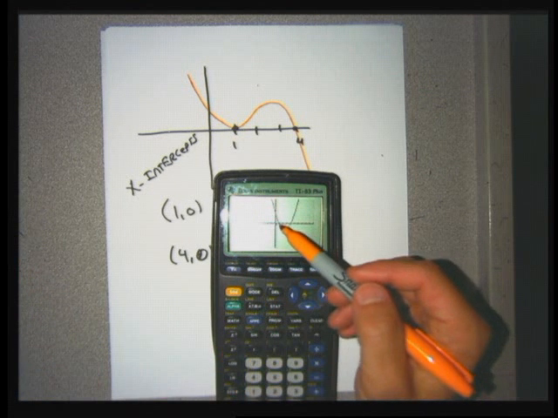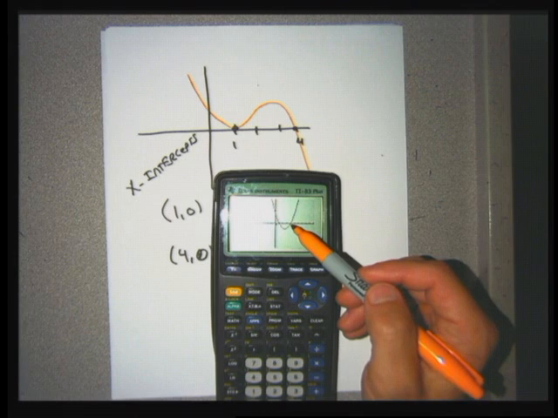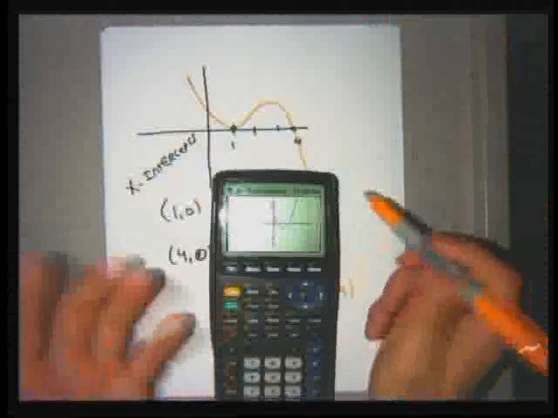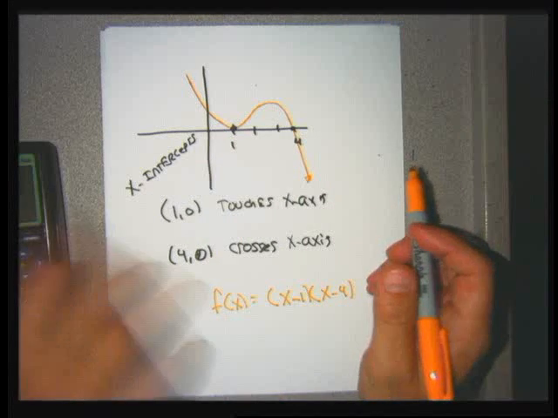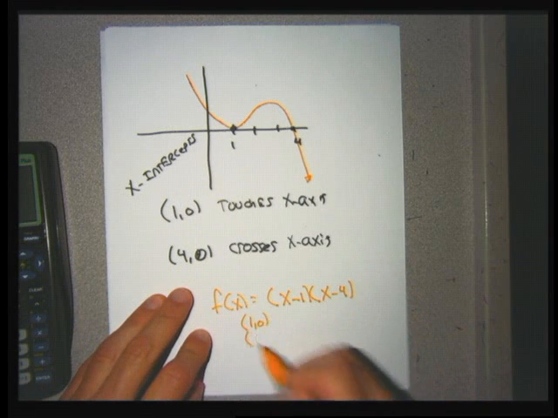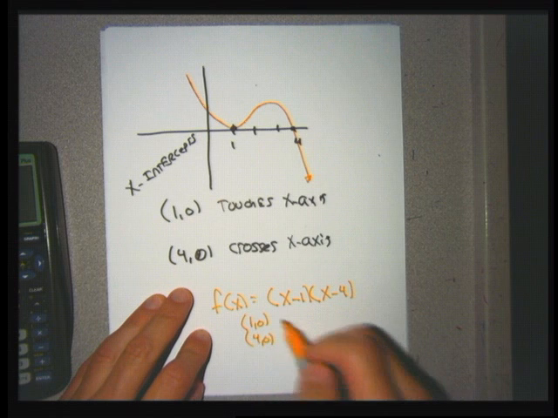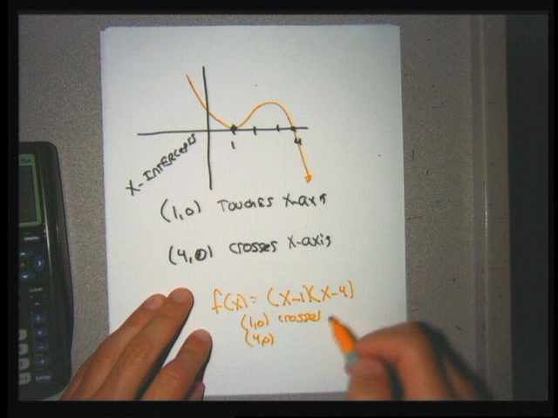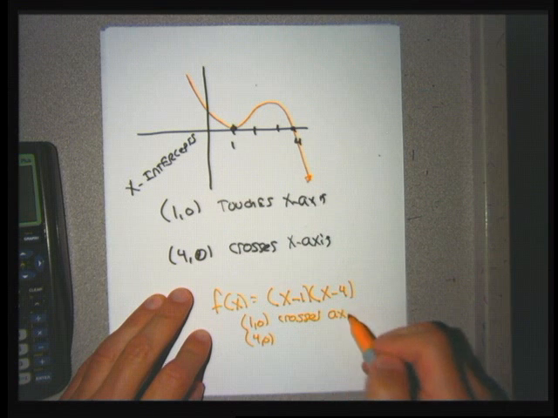There's the x-intercept at 1, there's the x-intercept at 4. For both of the x-intercepts for this particular graph, it crosses. So this graph has an x-intercept at 1, 0 and an x-intercept at 4, 0, and at both intercepts my graph crosses the x-axis.